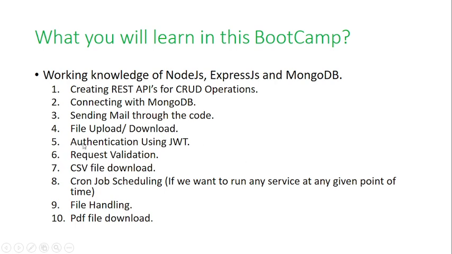Suppose the user enters a lot of things, a paragraph; we cannot allow a paragraph in the name field, right? So max can also be defined at the time of request validation. For this also we will be using Joi. I will explain how we can use Joi to validate the request. It is simple, all the things are simple. For each and everything we have a module, we just need to use them in our application, that's it.